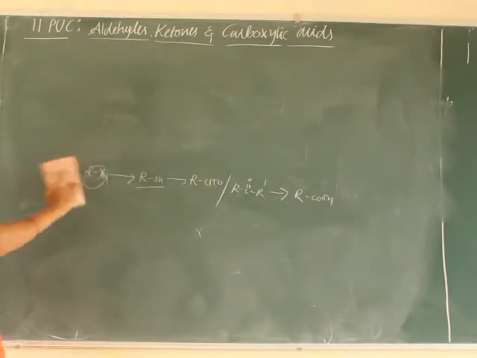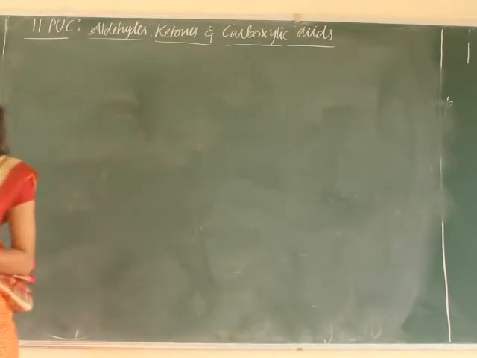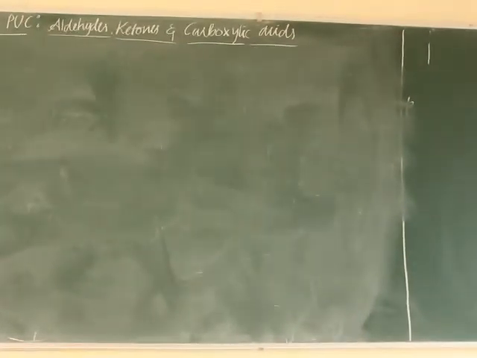Now, oxidation reaction involved in aldehydes and ketones. So what should we get? Oxidation of aldehydes and ketones, obviously we must get carboxylic acids, right? Why do we have to get carboxylic acid? Because the end product of oxidation is a carboxylic acid.